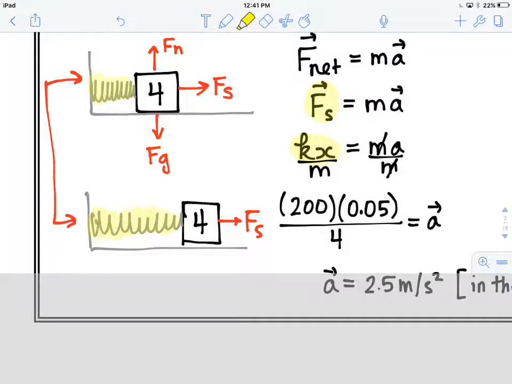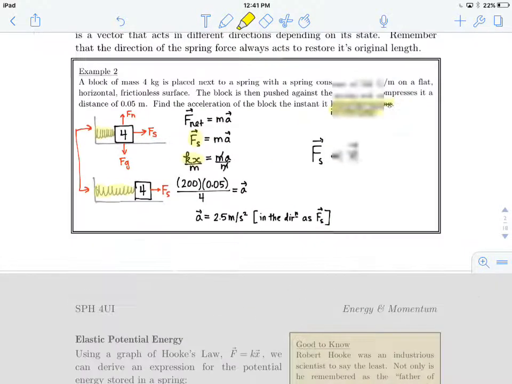And so the spring force changes as the spring becomes unstretched, which is why we can only calculate accelerations at a certain instant in time in grade 12, because that acceleration is always changing, and we just don't have the tools yet mathematically to deal with accelerations that change. So that was an important distinction to make.